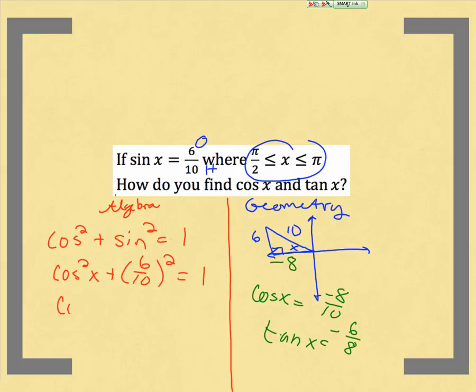We've done this before, so I'm going to go through this pretty quickly. So that would be like this. When I square root it, I would get plus or minus 8/10. But because cosine's in this quadrant, I know that it would have to be negative 8/10.